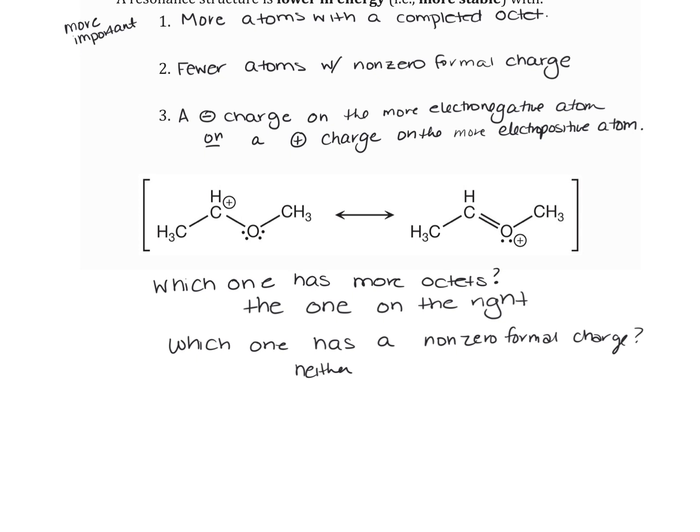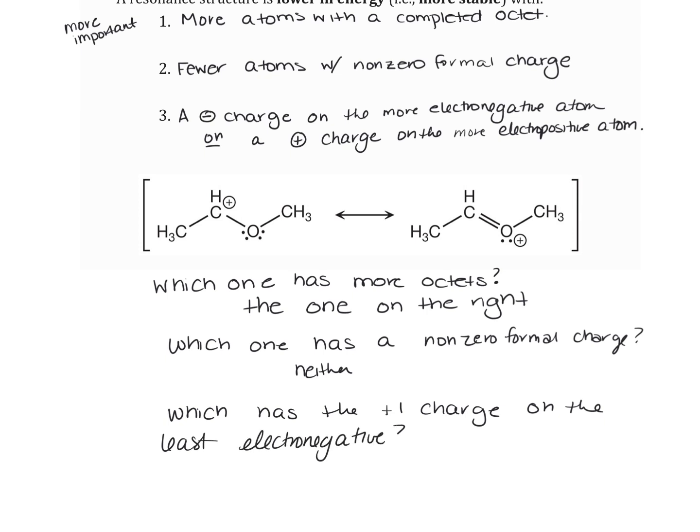So the next question we would ask ourselves is which one has the positive one charge on the least electronegative atom, right? When we look at this, we compare the electronegativity of the carbon and the oxygen. Carbon is less electronegative than oxygen, and so that would be the one on the left.